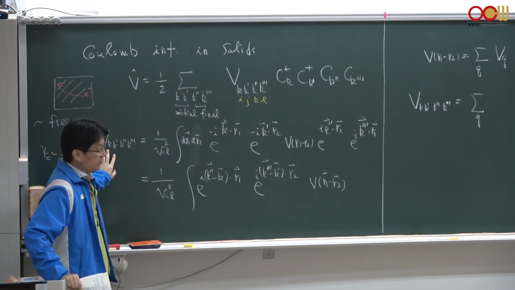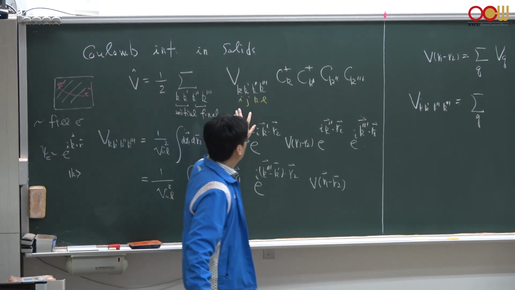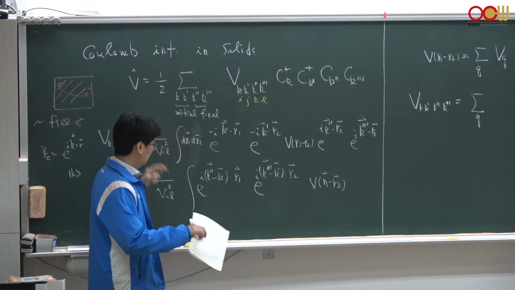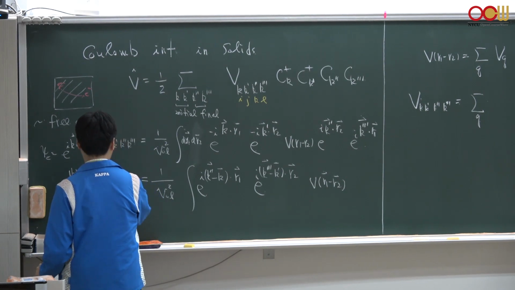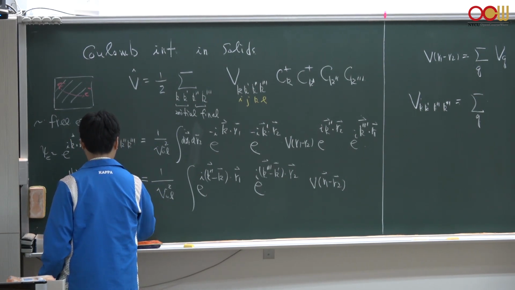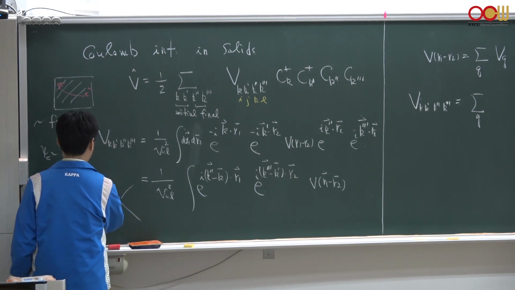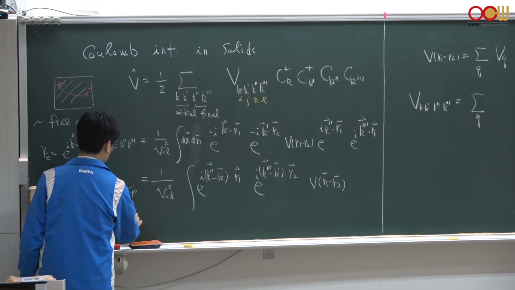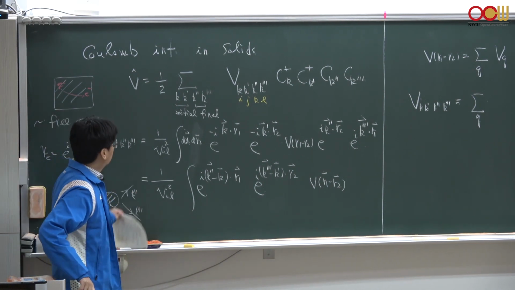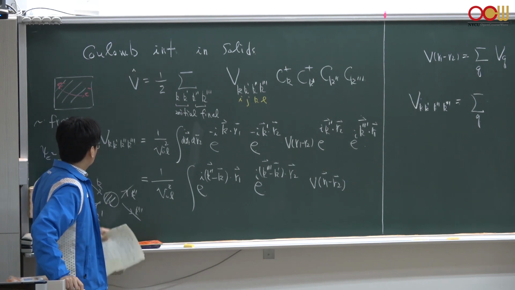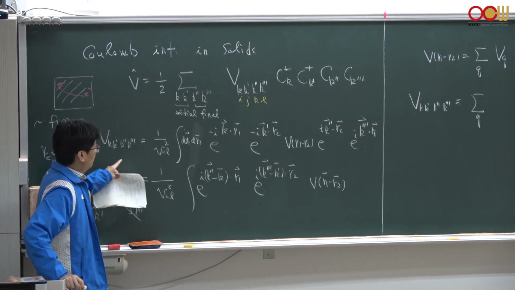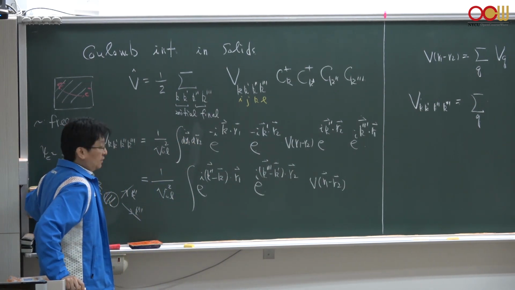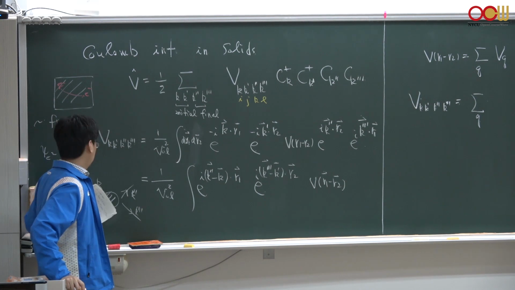And as a result, this matrix element, V I, J, K, L, or V K, K prime, K double prime, K triple prime, represents the scattering between two electrons by Coulomb. Remember that. So there are two initial states, K and K prime, and two final states, K double prime and K triple prime, right? And this matrix element of these momentum indices is given by this type of Fourier integral, because we are working in the momentum eigenbasis.